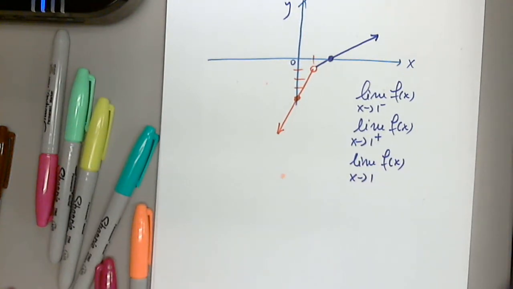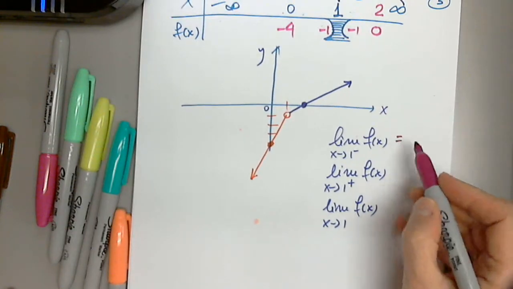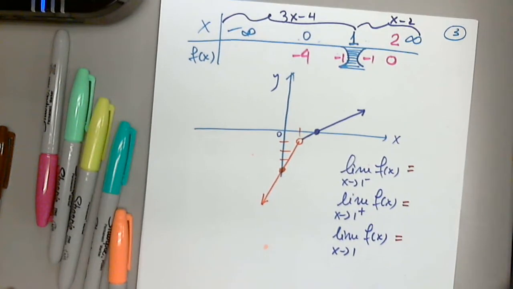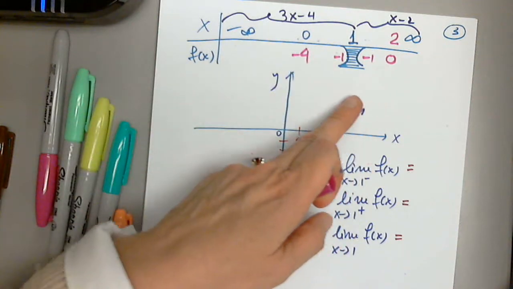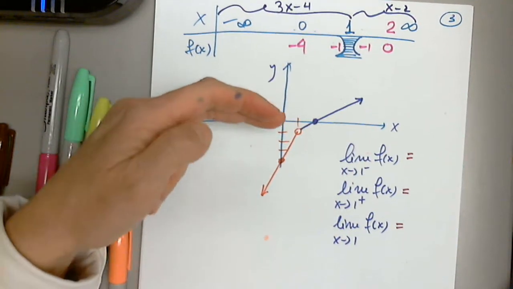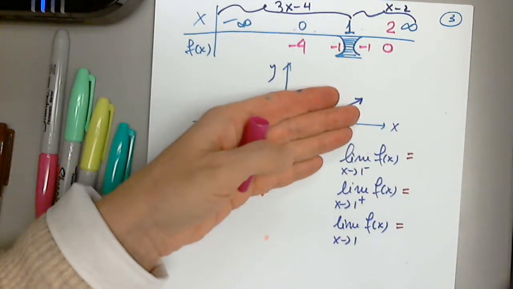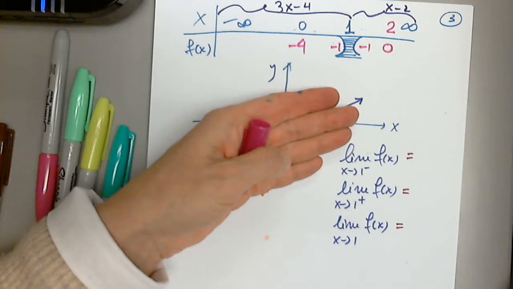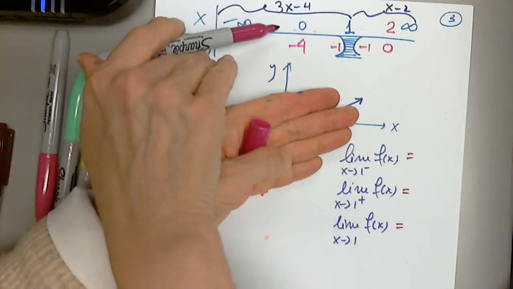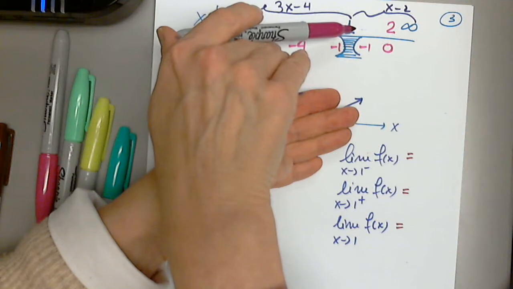And I will add a question here. So the first one. Once you understand this table and you create it correctly, you don't really need to look at the graph. What is the limit as x approaches 1 from the left?